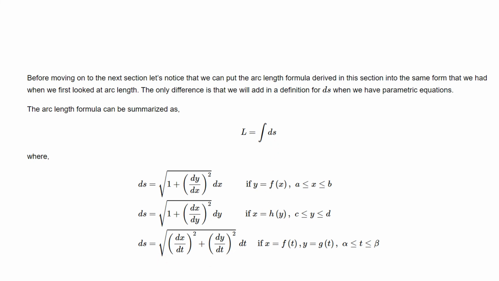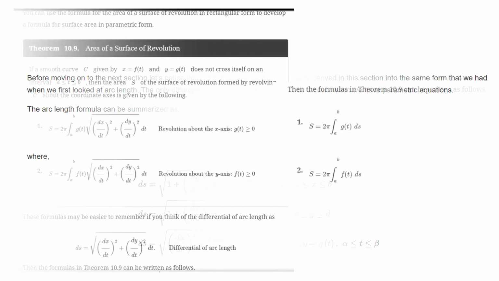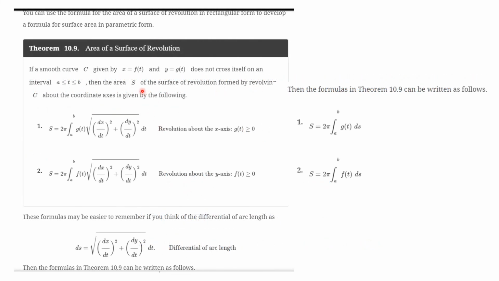So we have 3 expressions for ds. And we can use this ds whenever we're talking about surface area of revolutions. Now what I'm going to do is make this video into 2 parts, so I am pausing this video right now. So we're going to be ending the show, and there'll be a part 2.